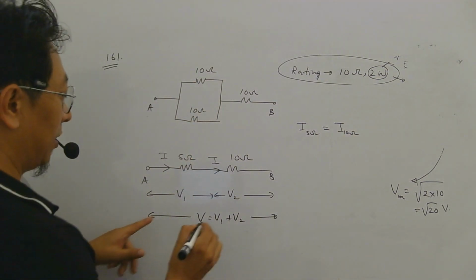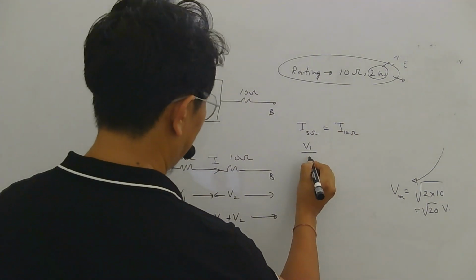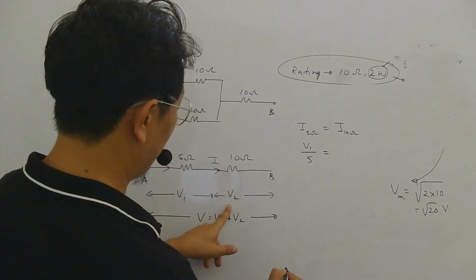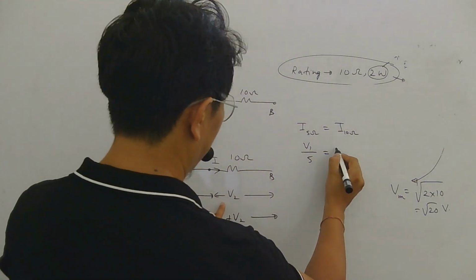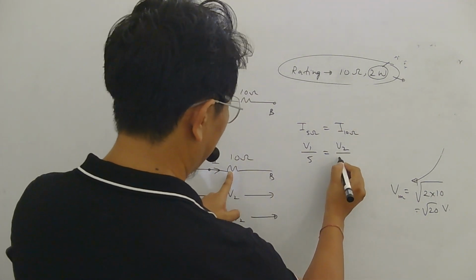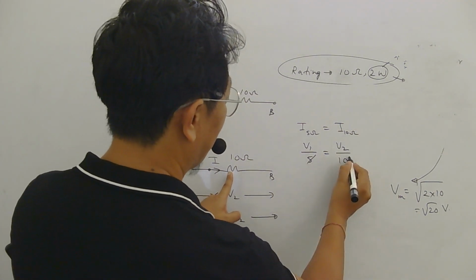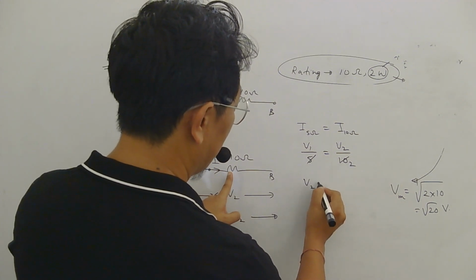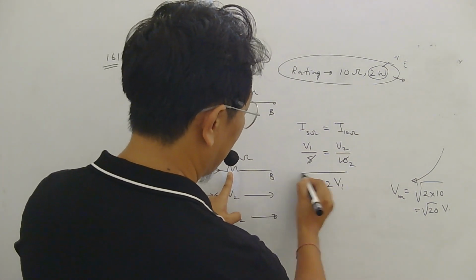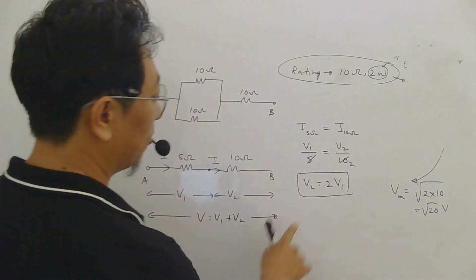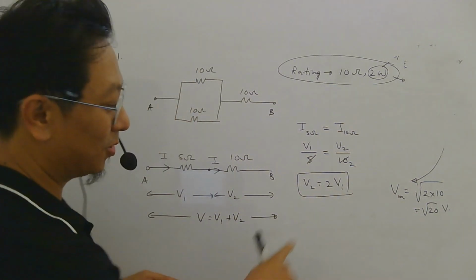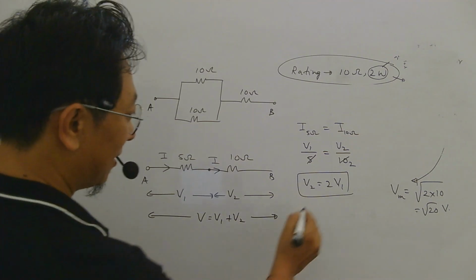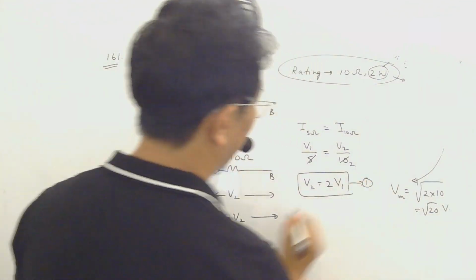What is current? Voltage by resistance. And here the potential difference between this point and this point is V2 by resistance. So 5 2s are 10. So V2 is twice of V1. So you can't have both under root 20, because this equation you have to satisfy all the time.